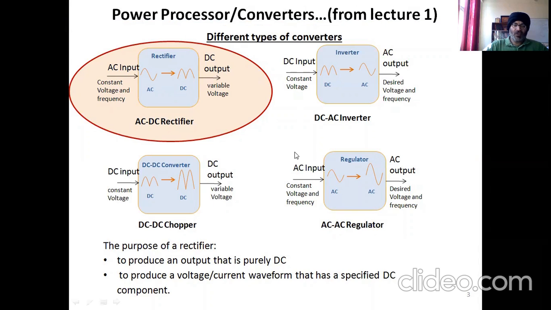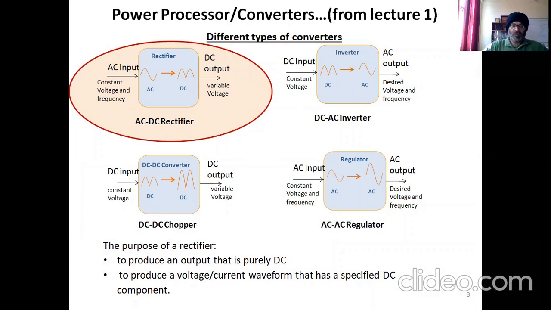The purpose of this rectifier, which takes AC as an input, is to produce an output which is purely DC. It can be rippled DC, meaning having some ripples superimposed on the DC, or it can have no ripples in the DC component, so we call it purely DC.